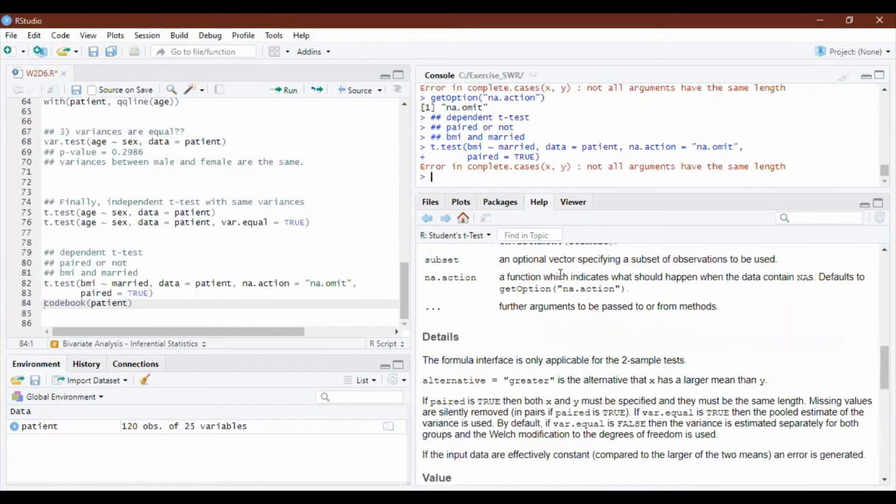I need a function which indicates, okay, I think this one should be like this, without quotation.